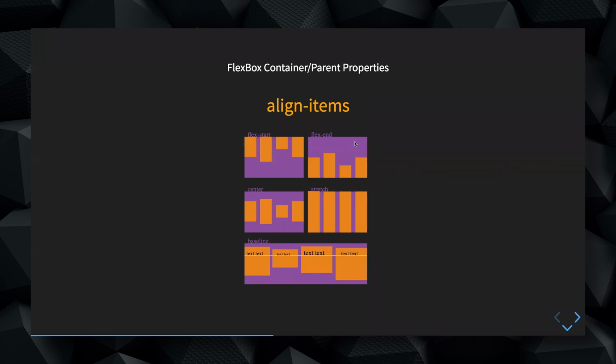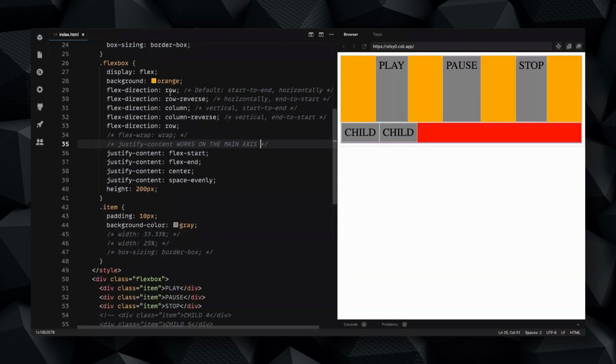We're dealing with the Flexbox, the main element, and we're changing some CSS properties that affect its children, but we're still defining, declaring and applying these properties on the Flexbox, on the parent. I haven't gone into the item yet. As you can see, I'm applying the flex direction, the flex wrap, the justify content on the parent.